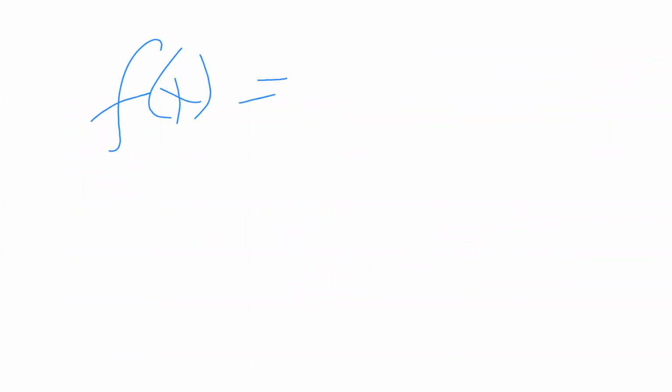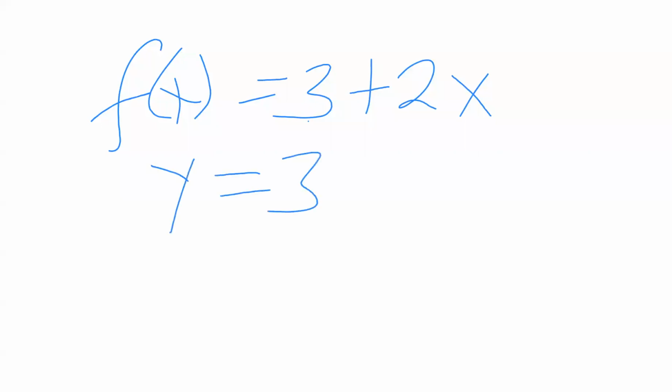Let me start from functions that you learned somewhere in primary school. F of x should be in secondary school, somewhere junior second. F of x is equal to, let me give you a simple fraction, 3 plus 2x, okay? So for f of x, let's put y. Let's say y is equal to 3 plus 2x.